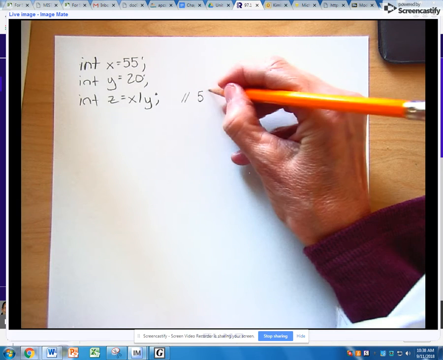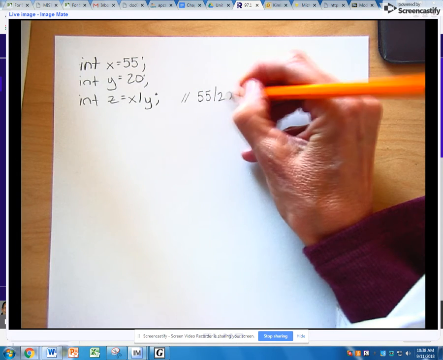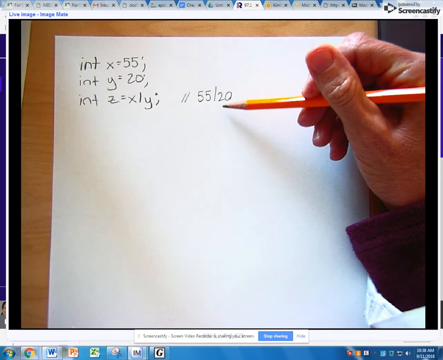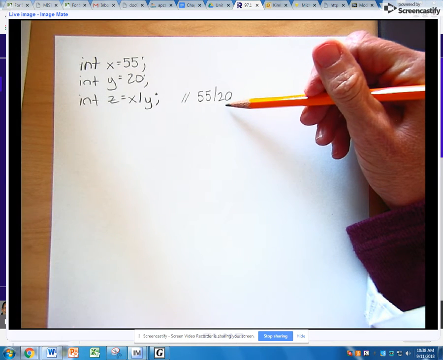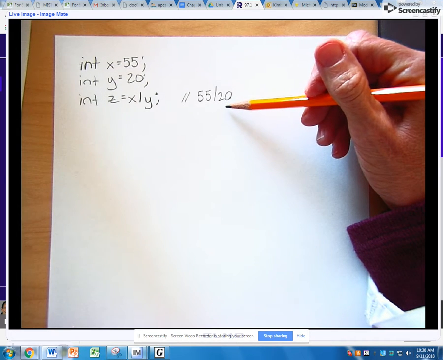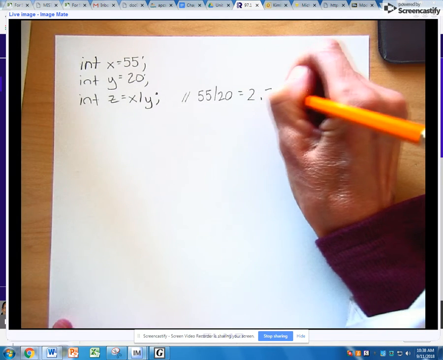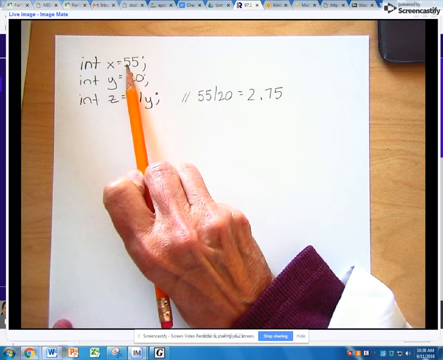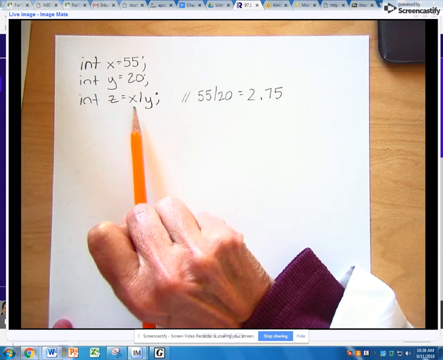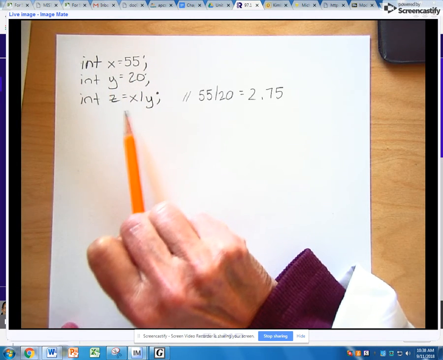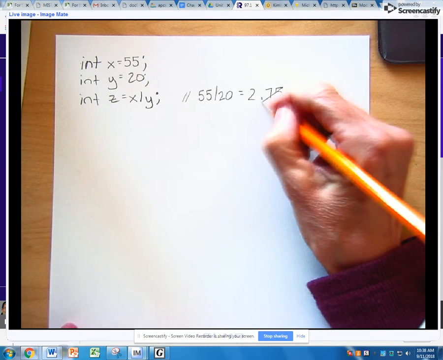If I took 55 divided by 20, you and I both know that this answer is a decimal answer. I think it's 2.75. But the way it works in Java is, since all of the variables involved are integers, it will truncate this answer.